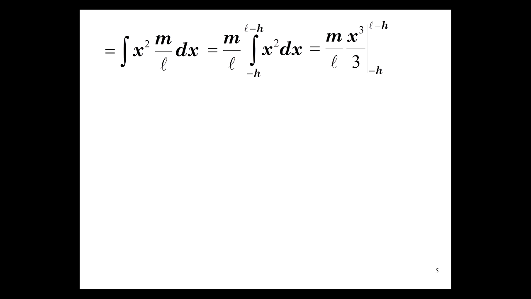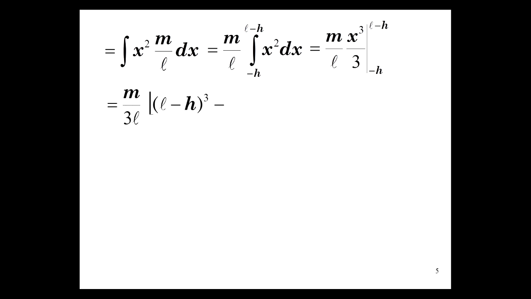So the integral of x squared M over L. The mass is a fundamental characteristic of the rod itself and easy to determine. So now we have M over L coming outside because it's a constant, x squared dx, from negative h to L minus h. And so we do the math on this, and we get x to the third over 3 times M over L from those limits.